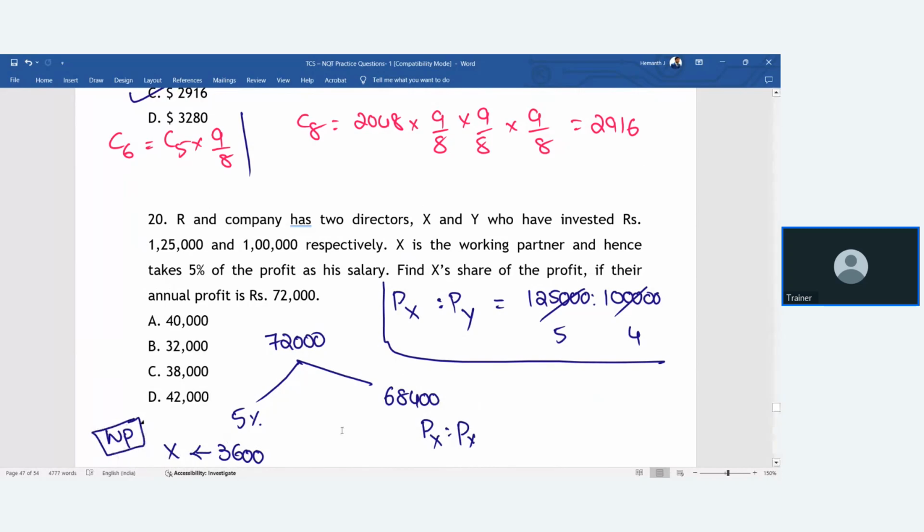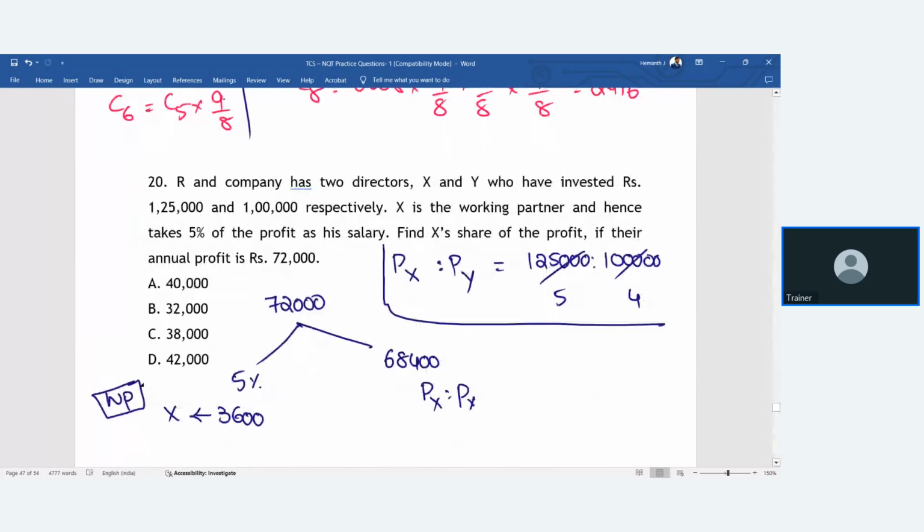He is doing extra work, so we need to give extra profit. 5% we gave. Now the amount remaining, 68,400, we have to distribute in 5:4. Now the question is regarding X's amount here, which is 5/9 into 68,400.